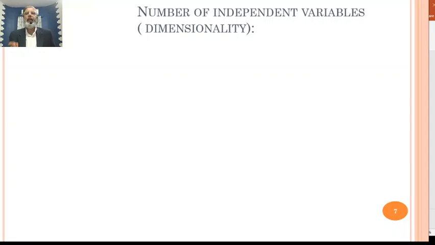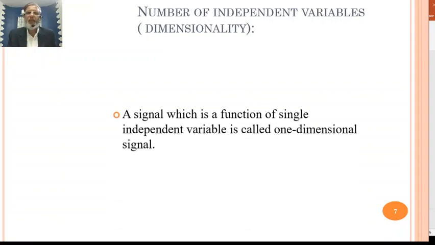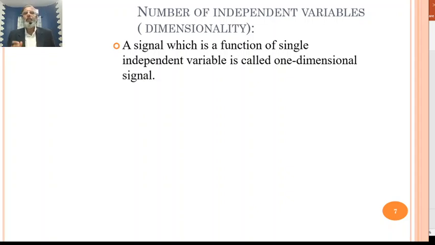The number of independent variables decides whether the signal is a one-dimensional or a multi-dimensional signal. A signal which is a function of a single independent variable is called a one-dimensional signal. A signal which is a function of two independent variables is called a two-dimensional signal.